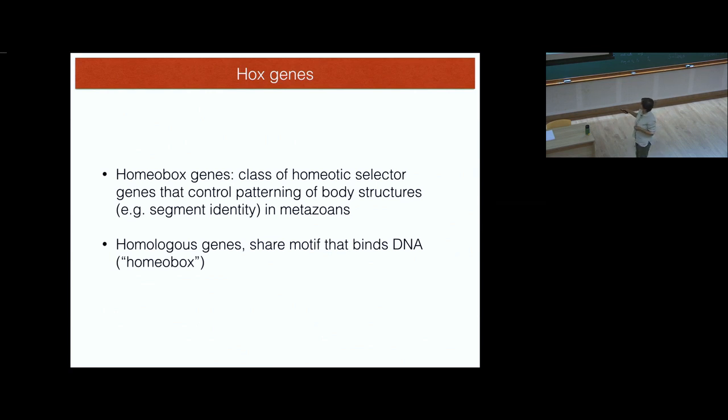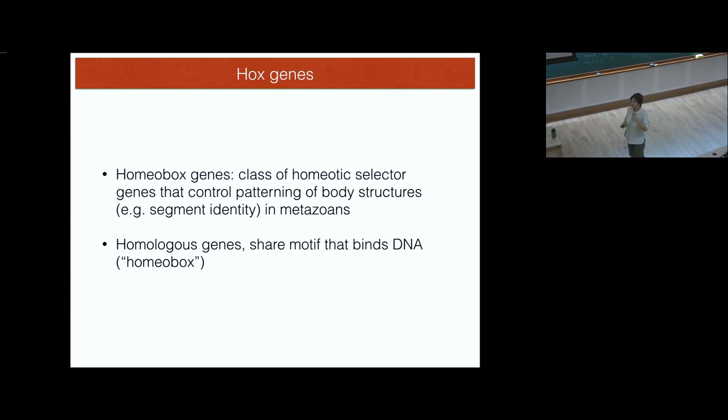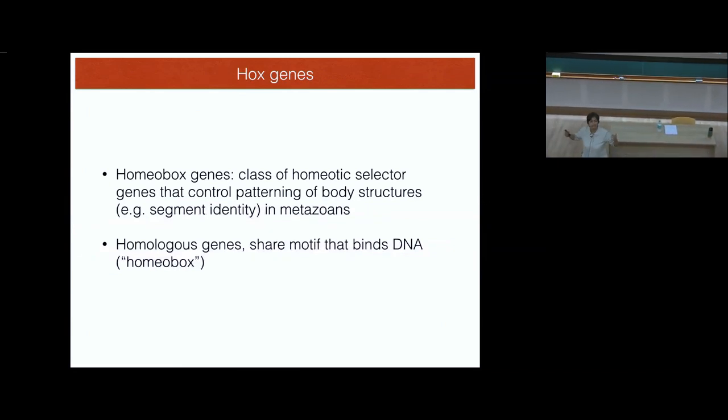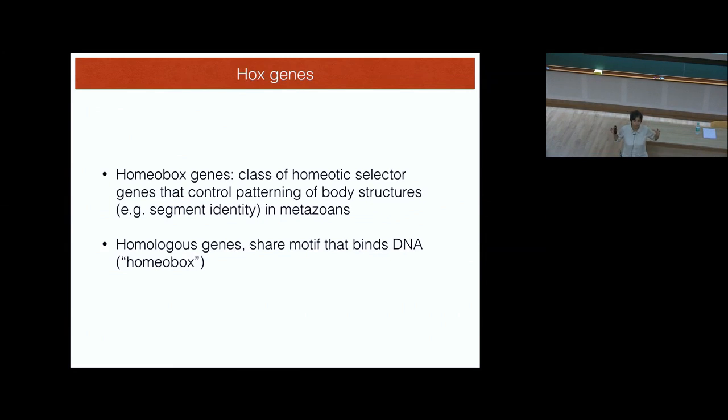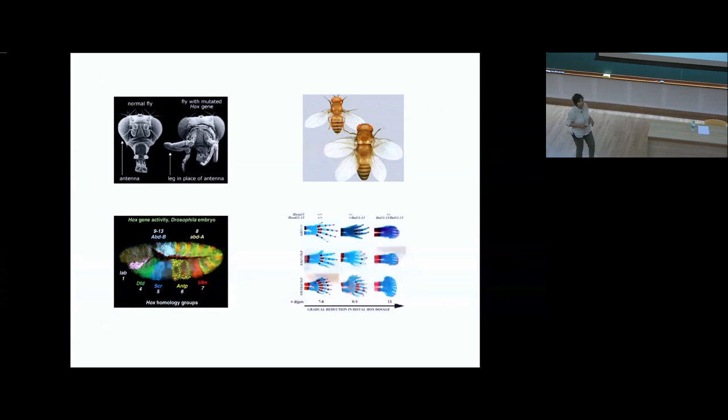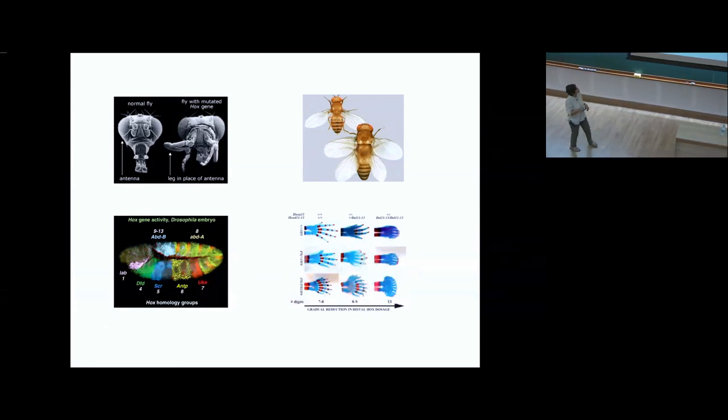Okay, so the class of homeobox genes, Hox genes, are such paralogs. I'll show you some data which sort of makes this clear. But effectively, all of them have a little piece in the protein which binds DNA, and that is how a single Hox gene can regulate the expression of lots of other genes, which makes them really important sort of master puppeteers.